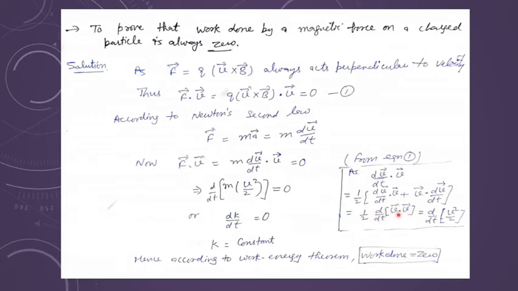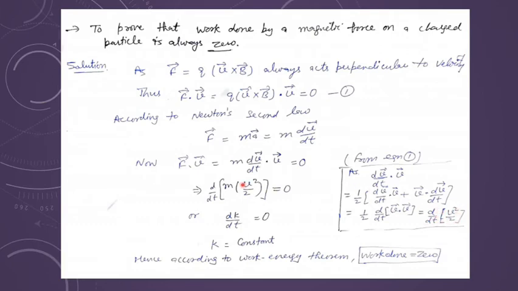V dot V means the first as it is, derivative of the second, plus the second as it is, derivative of the first. And the dot product of a vector with itself gives the square of it, so V dot V equals V square. So I can write d by dt of V square by 2.